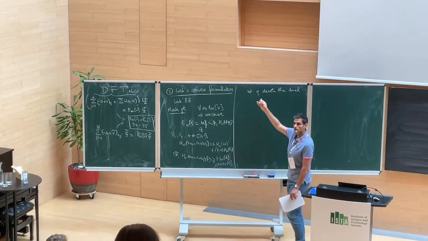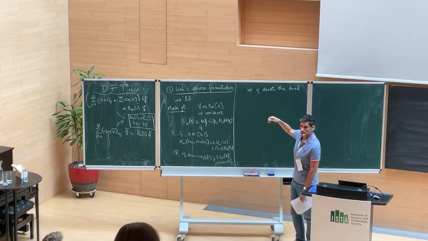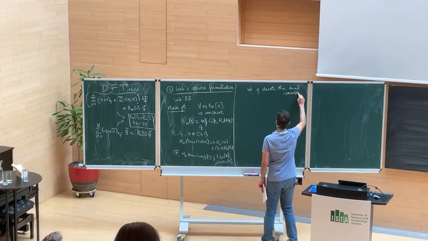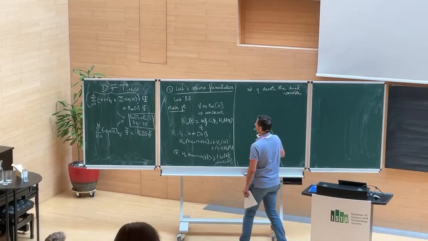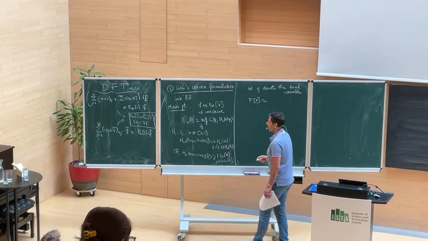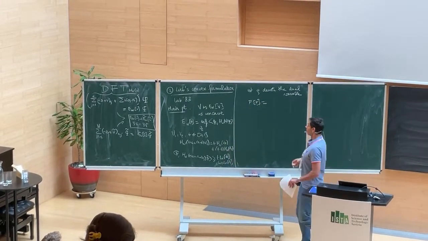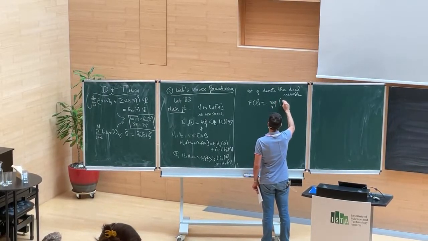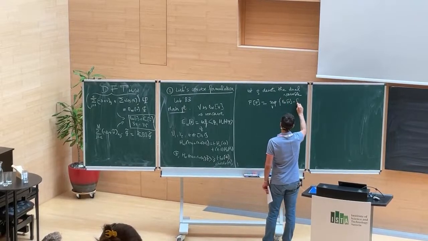We don't quite know what rho is, but soon we will know that it's a density. Okay? Dual variable to V. And so when you have a concave function, it's very natural to introduce F, which is the supremum over all V of E_N of V minus the pairing of rho and V.